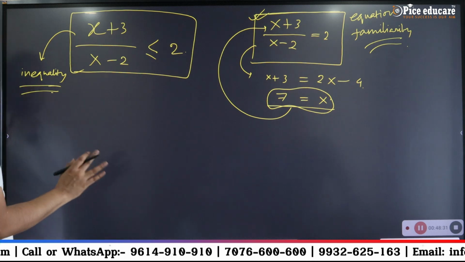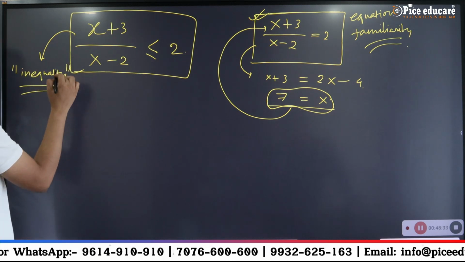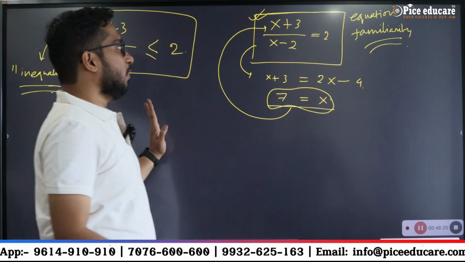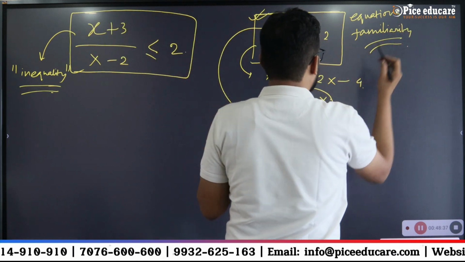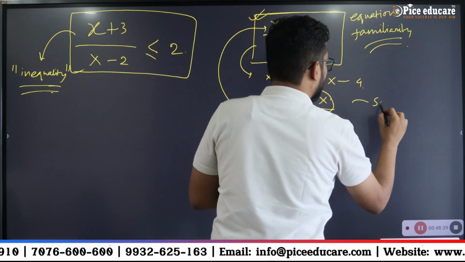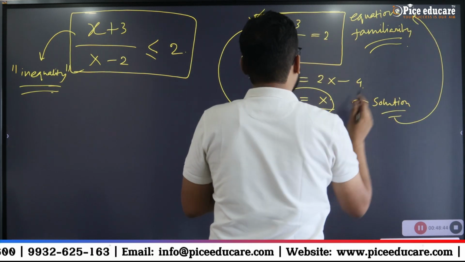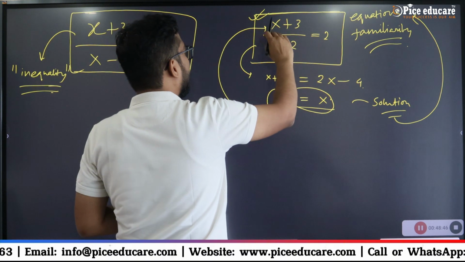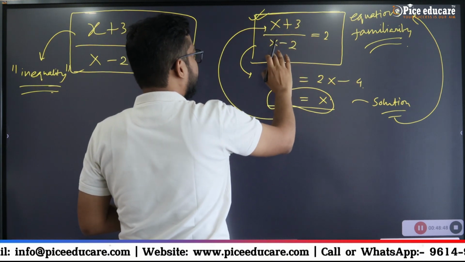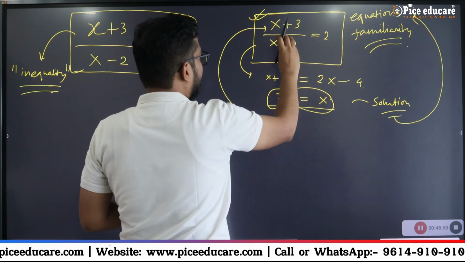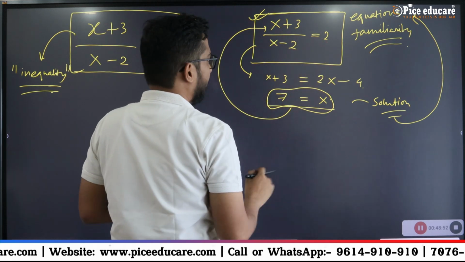That's why in general we call these things inequalities. But you have solved equations, there is no doubt. So this is the solution of this equation. Why? Because if I put my 7 here, you get 10 over here, and you have 5 over here, and 10 by 5 is equal to 2, which is fine.